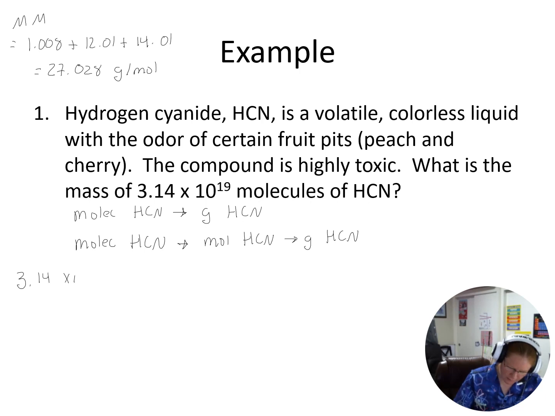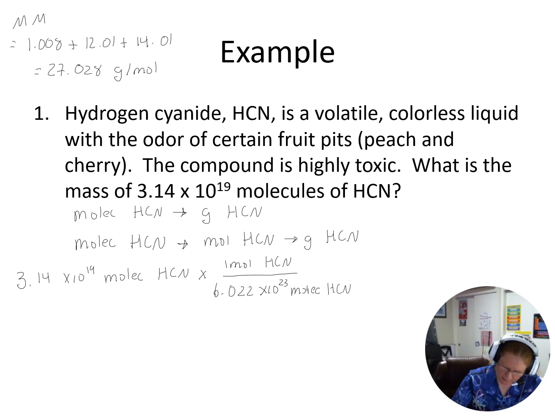All right, so we can do our 3.14 times 10 to the 19th molecules of hydrogen cyanide times 1 mole of hydrogen cyanide in our 6.022 times 10 to the 23rd molecules of hydrogen cyanide.